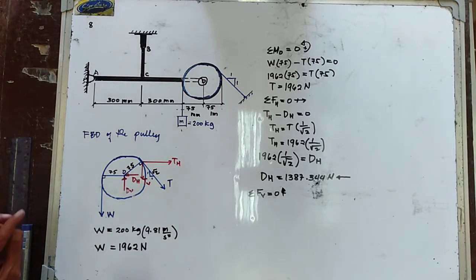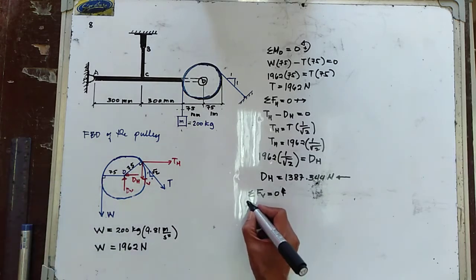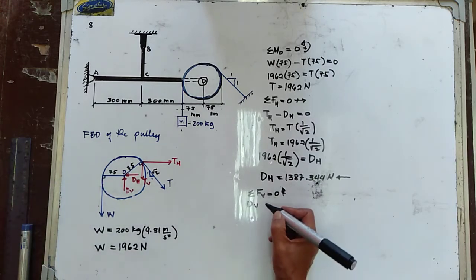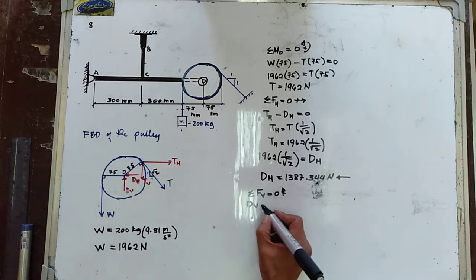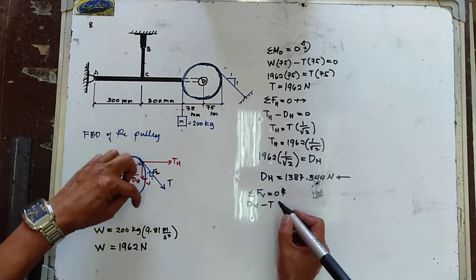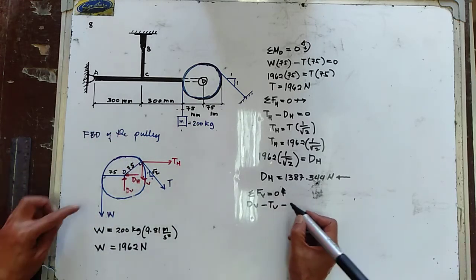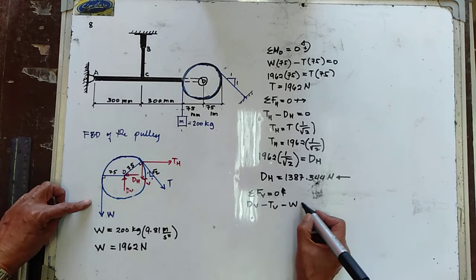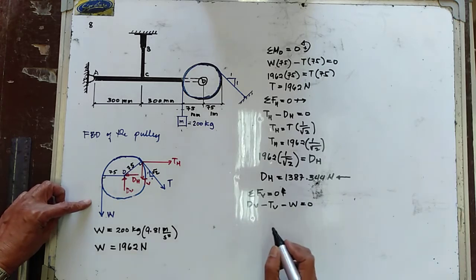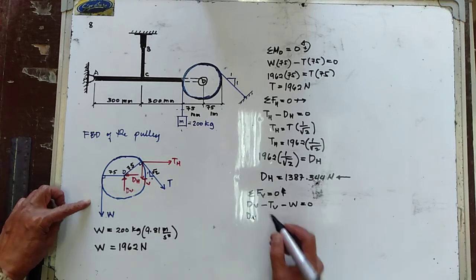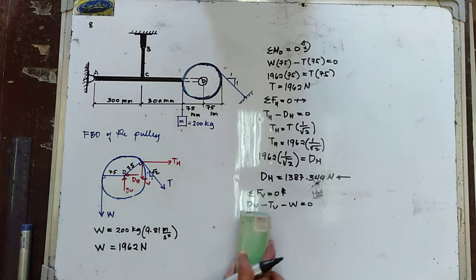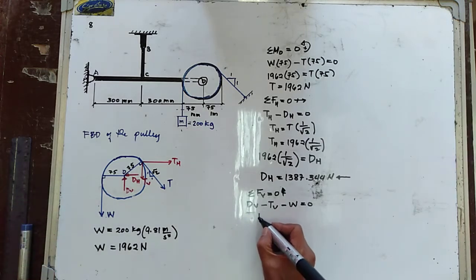Next, summation of forces vertical is equal to 0, upward forces positive. So we have your D vertical minus your T vertical minus your W is equal to 0. Let's try to get first your T vertical.